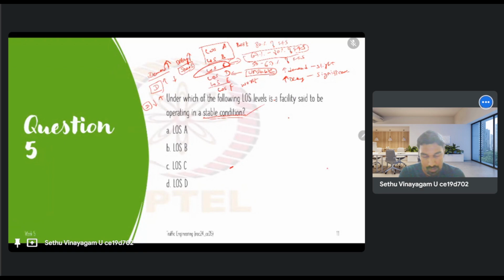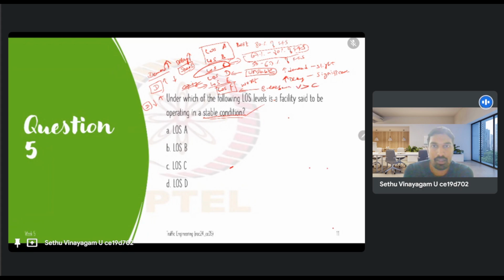And LOS E is close to capacity condition. This is again one of the worst conditions that we can have. LOS F is when breakdown happens, which means the capacity has been exceeded. This is the breakdown condition, which means V is greater than C. We have volumes exceeding the capacity.